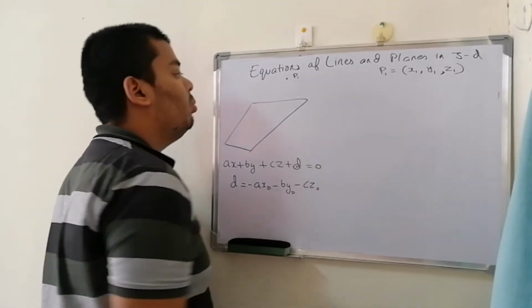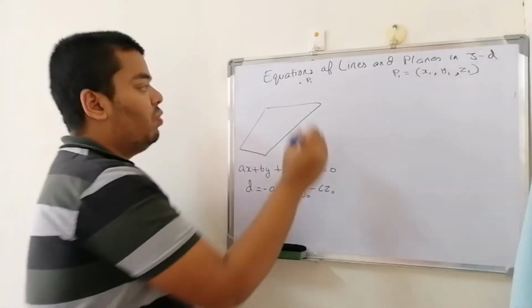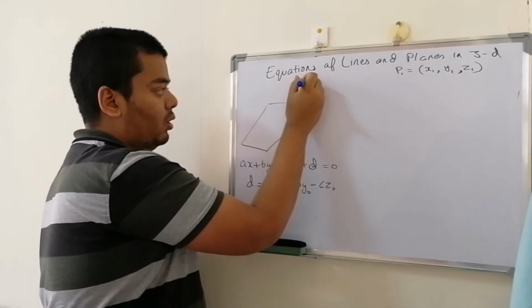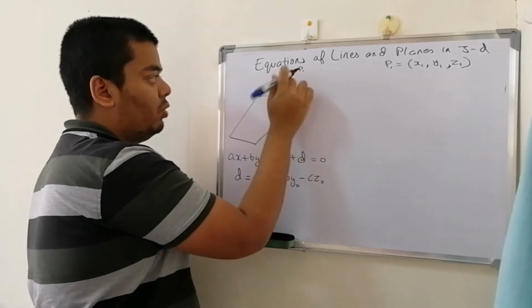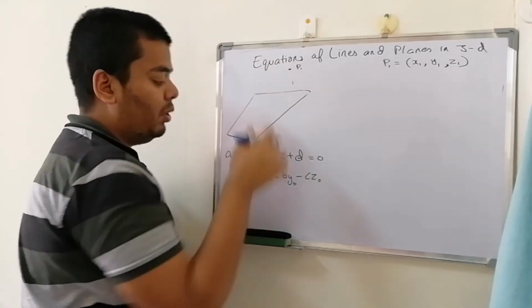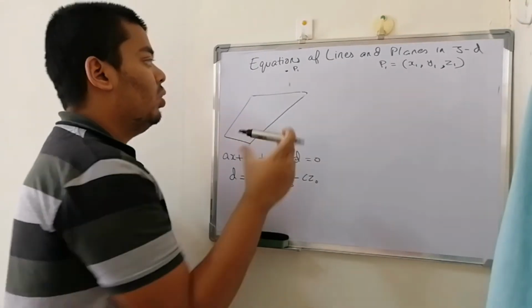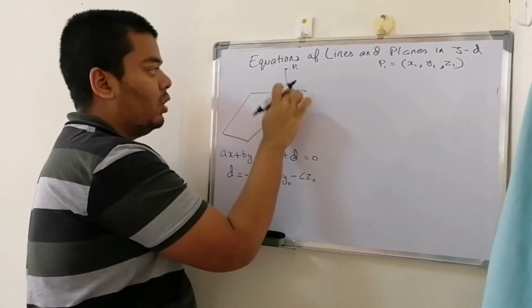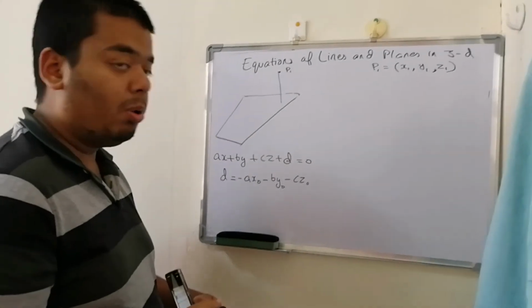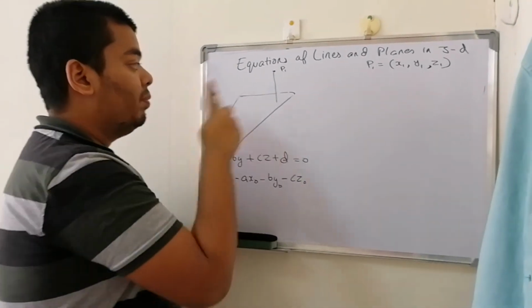There is a point P1. We need to find the distance of the point P1 from the plane. So we are concerned with this distance right here, the perpendicular distance of the point P1 from the plane.